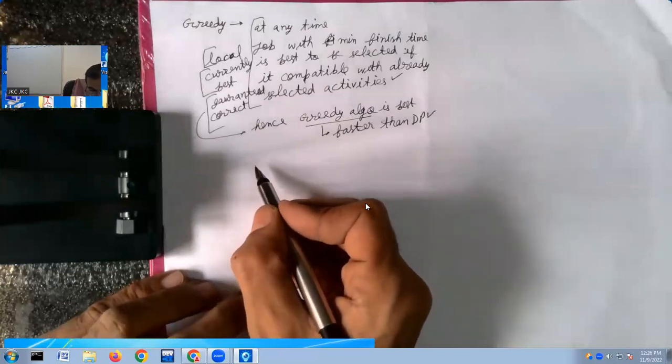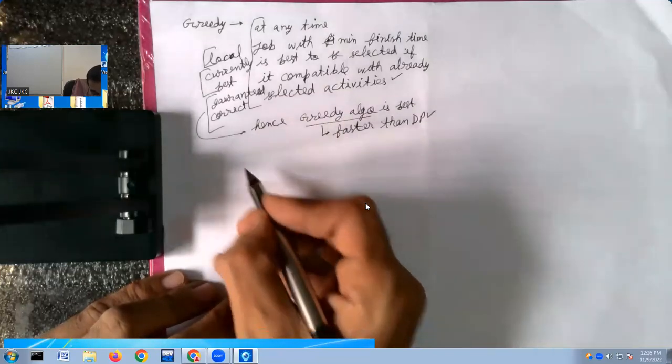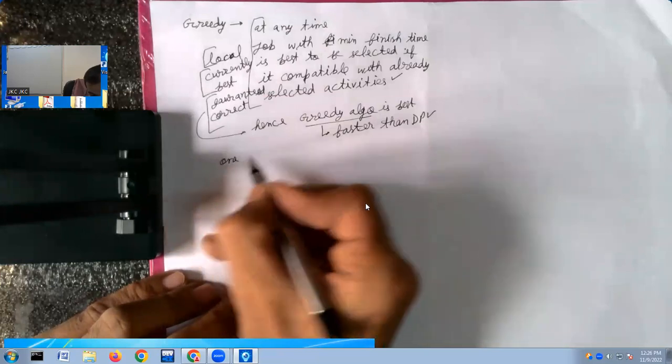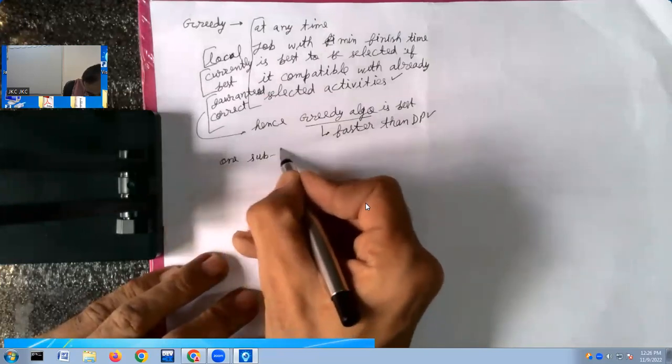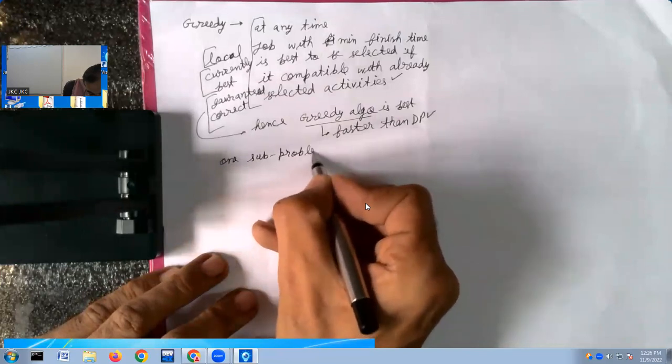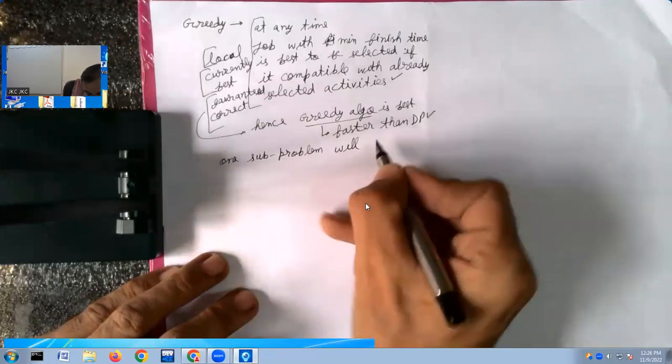So in this case, effectively, one sub-problem will be empty. That is another property which we have already discussed.